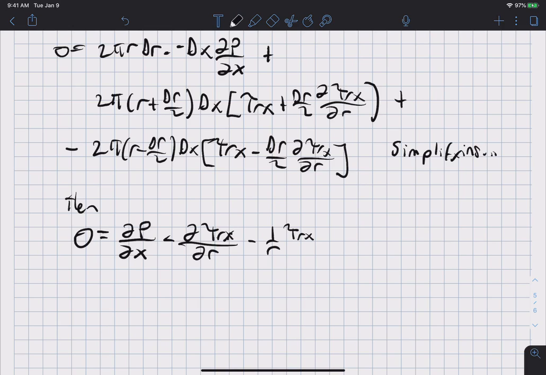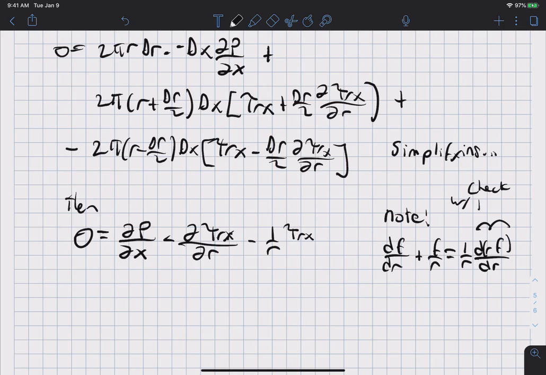Note that df dr plus f over r, for some function f, equals the quantity 1 over r times d(rf) dr. This is probably not obvious to a lot of you, but you can check with the product rule.